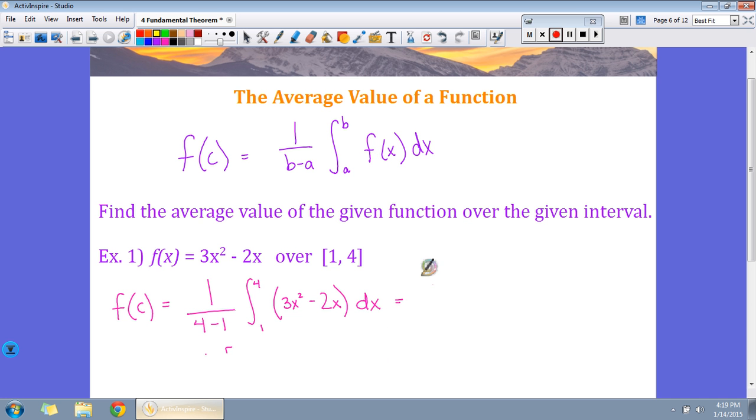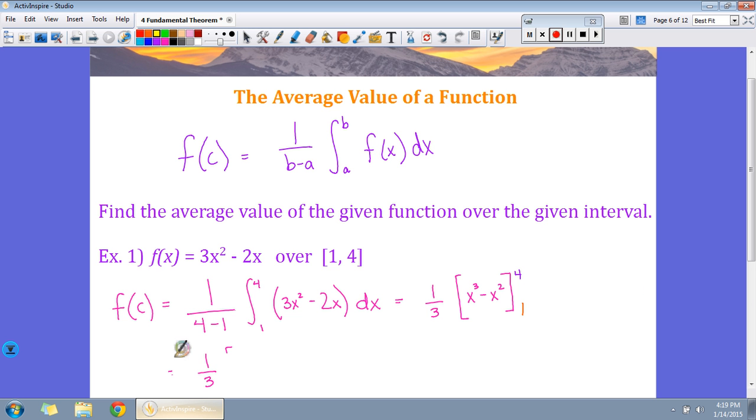From this point we're going to take the antiderivative, and the fraction. So the antiderivative of 3x squared: add 1 to the exponent, divide the coefficient by the new exponent. Doing both of these, we get x cubed minus x squared, and we're evaluating at 4 and 1.